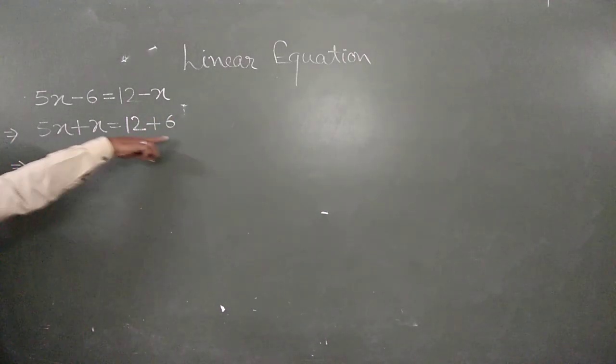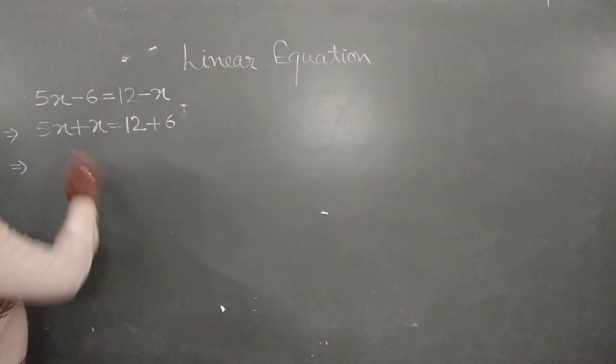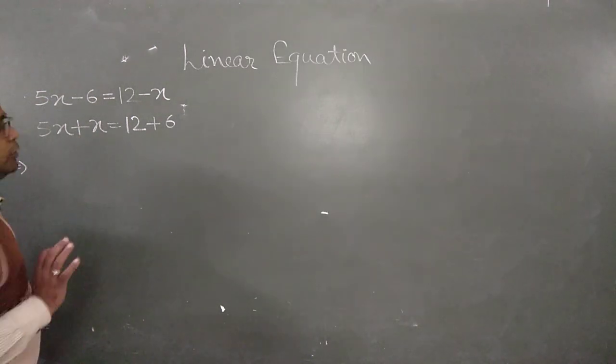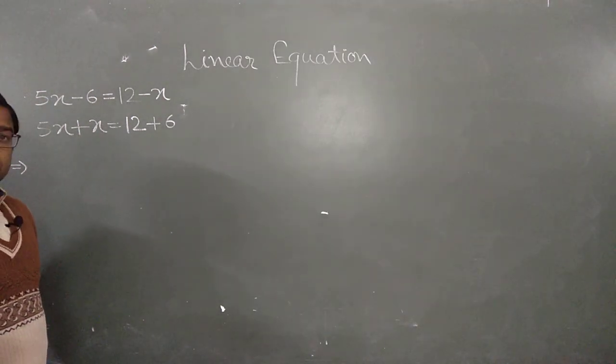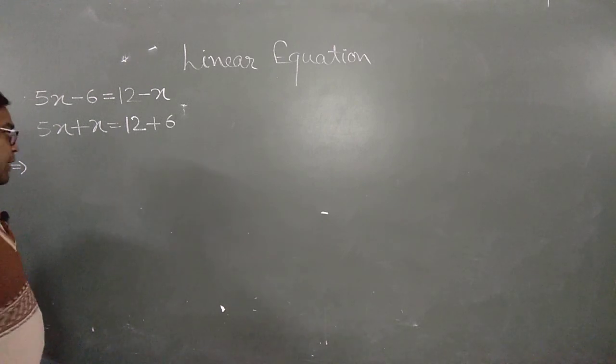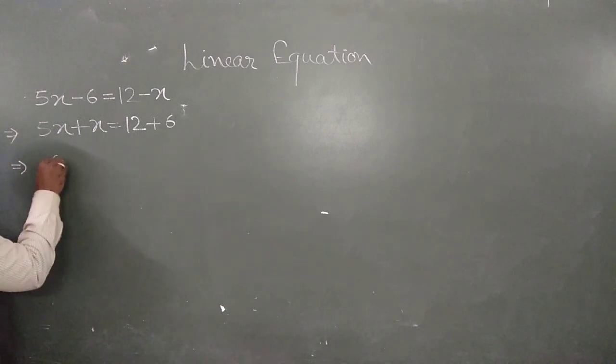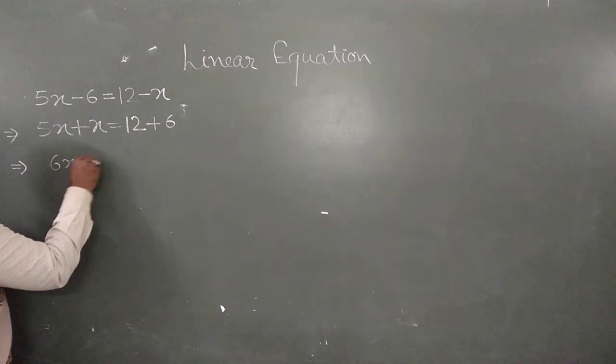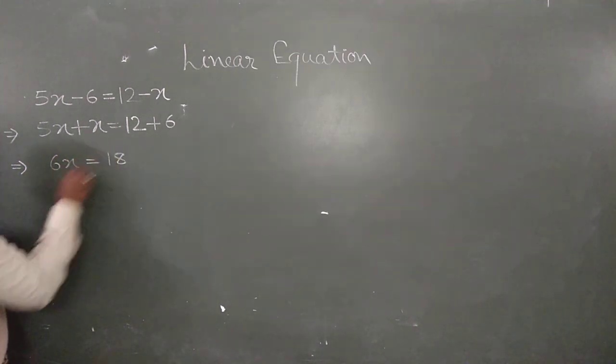This line is very important. If you are able to solve this one very carefully, you have the perfect solution, or otherwise complete marks vanish. It's 6x equals 18 on this side.